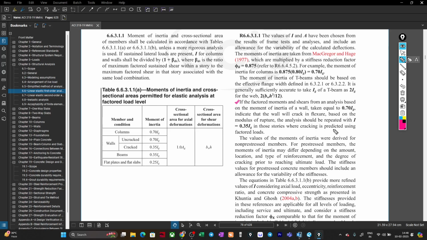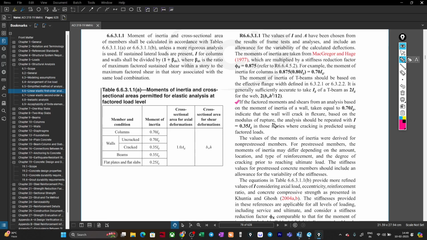That means we find the tensile stress due to bending, and the stress developed shall not cross the modulus of rupture.